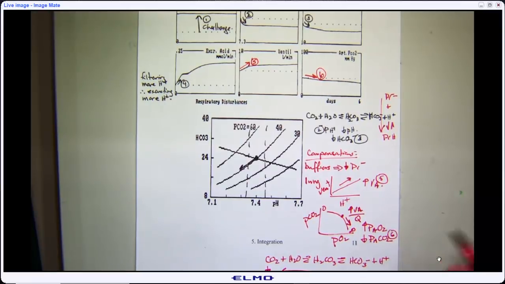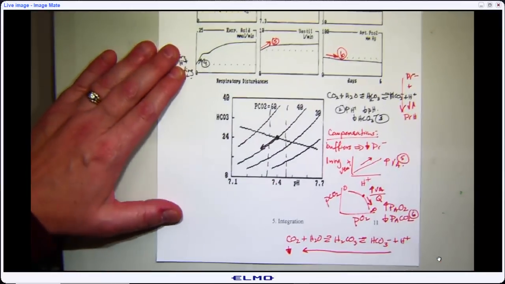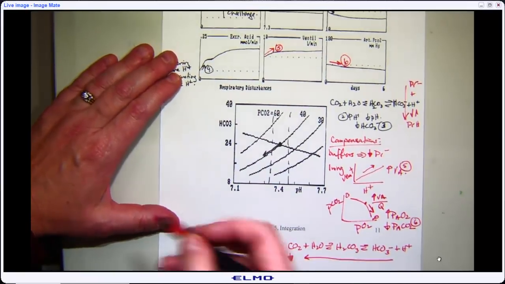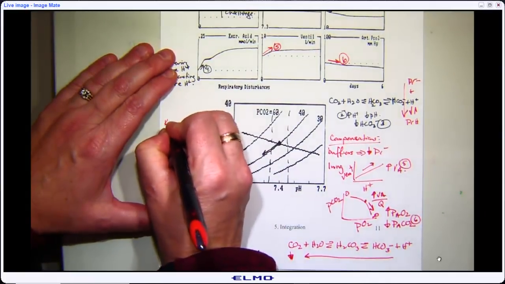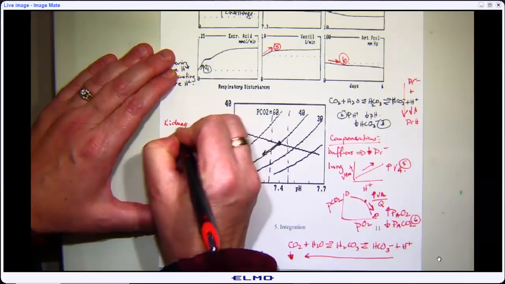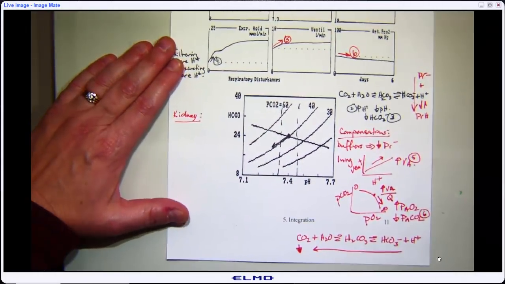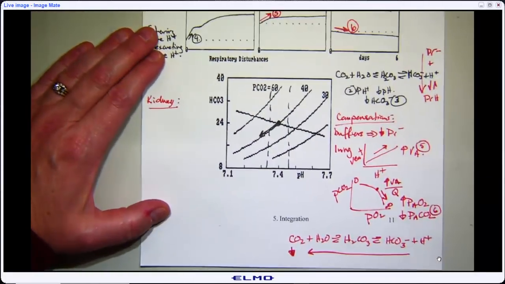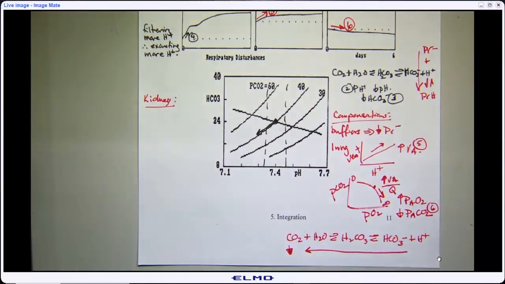Before we head there, let's think about what the kidney's then going to do. So our third line of defense, here's the kidney. Okay, third line of defense. What's happening at the level of the kidney? My problem is an increase in hydrogen ion, decrease in bicarb.